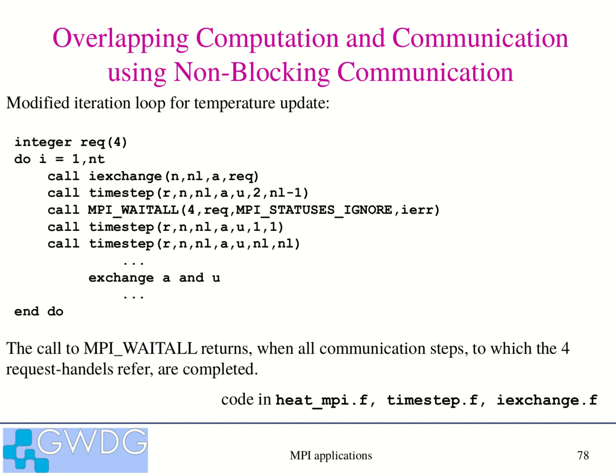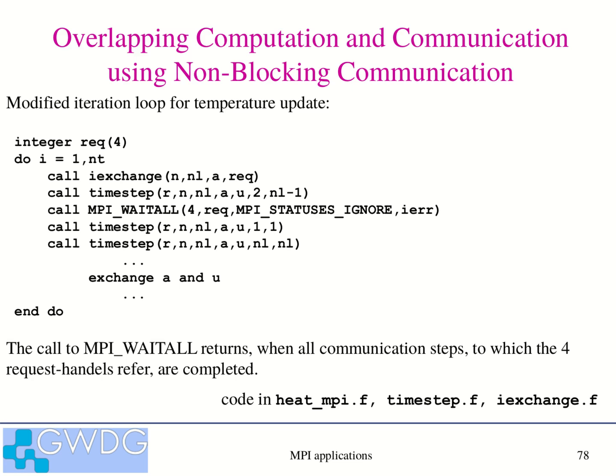Then after this, I'm sure that also the boundary values have arrived in my old temperature field, and then I can go on to the time step also for the first column.